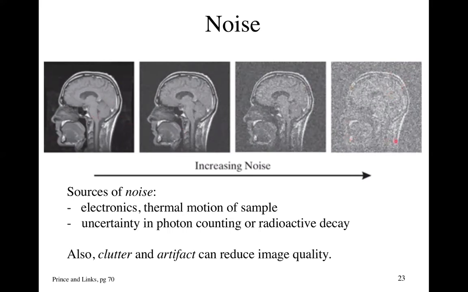And so this might be obtained with, say, no averaging, just a single acquisition per each phase encode pulse, 2 acquisitions per phase encode pulse, 4, and then 16 acquisitions per phase encode pulse, and you get a very high signal to noise image. That is, the signal, which is the underlying true value or true image in this sagittal head, is here, and the noise is this hash on top. So the ratio of this signal to the hash has increased as we average.